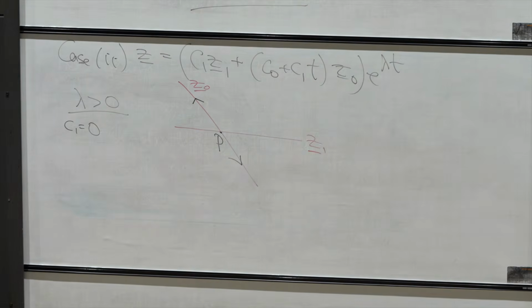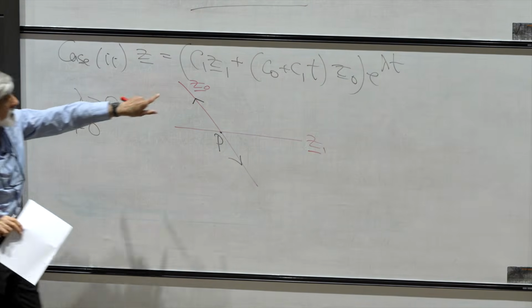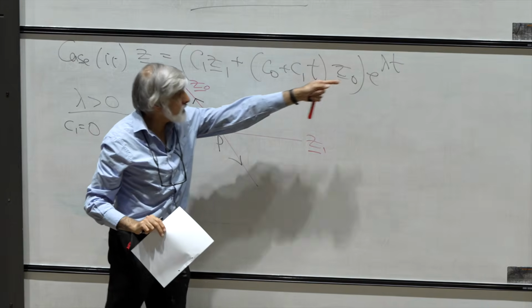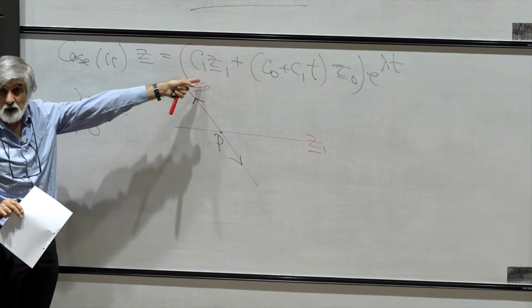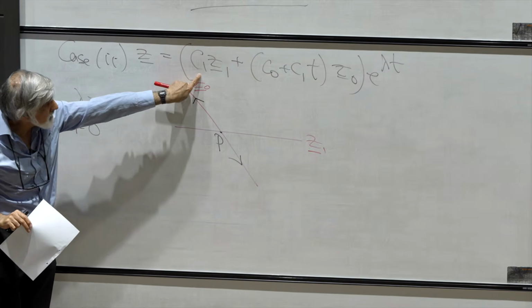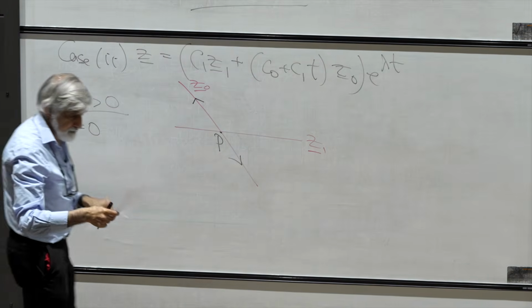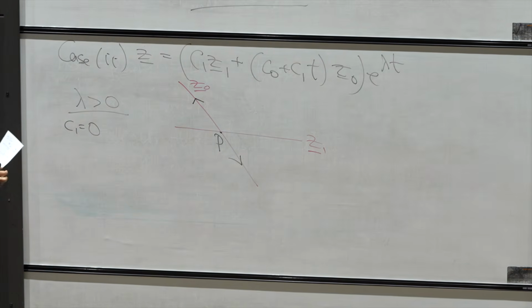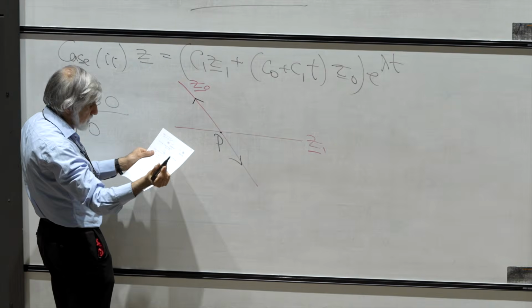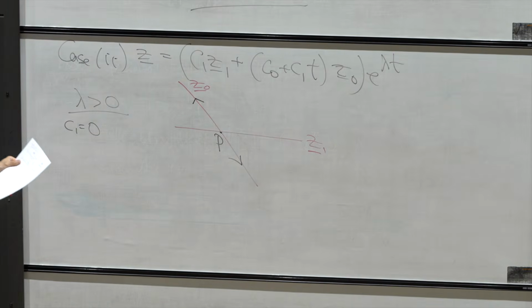So there's no way I can choose the initial conditions so that I don't get a Z0 and I do get a Z1, because I have to make that non-zero and that's there. Okay? So that's one difference between this and what we've done before.